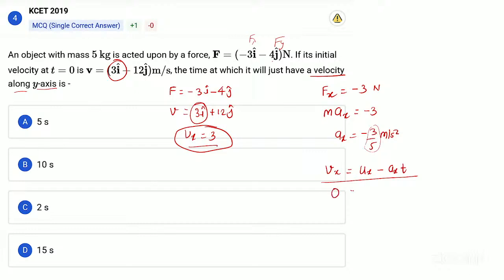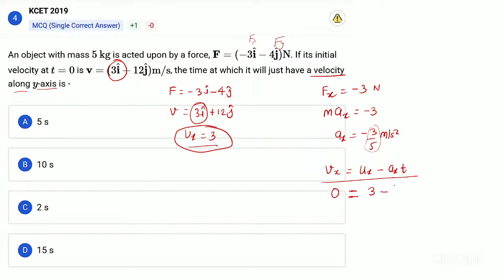Now we have to make Vx 0, because we want the velocity along the y-axis. So finally the velocity along the x-axis will become 0. Ux is nothing but 3, minus ax.